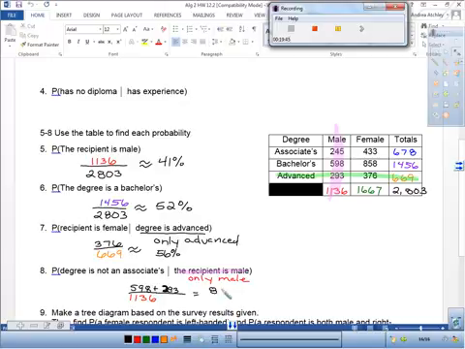Does that give me 818? 891. Oh. Add those two together, what do I get? Is it 891? Okay. Over 1,036, which is what? 78%.